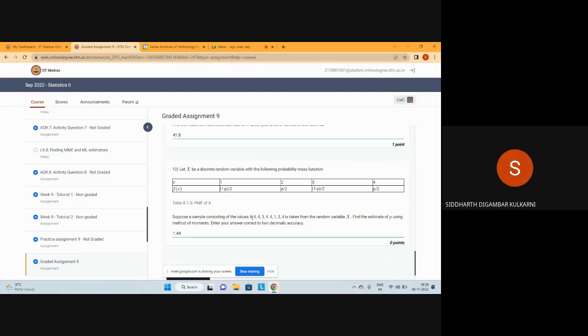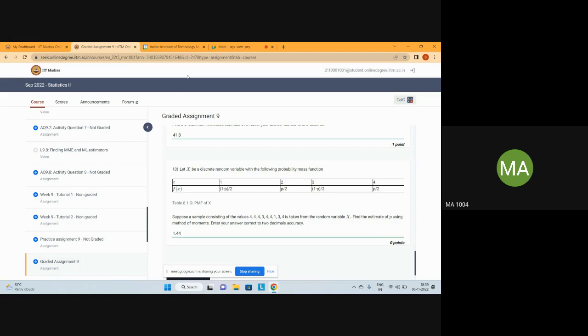I think it has something to do with the method, because I tried the same question using maximum likelihood estimation. I tried it using ML estimation, and it is coming out to be 2 by 3. So by ML estimation, it is coming out right. For now, let it be like that, because we can't change anything.